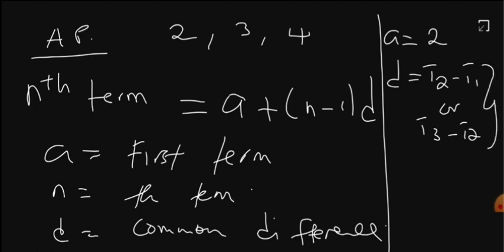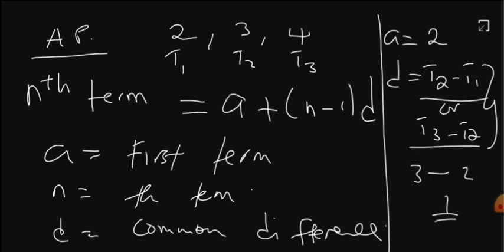This should give you the same answer. So in here, this is T2, this is T1, and this is T3. If we follow this one, T2 is 3 minus 2 to give us 1. If you come here, T3 is 4, T2 is 3, which will also give you 1. So our common difference there is actually 1.